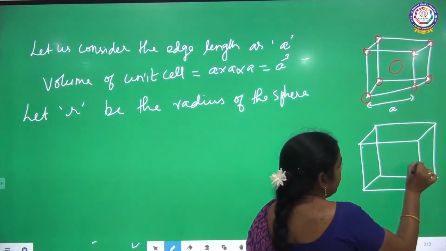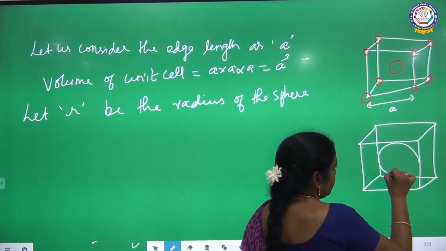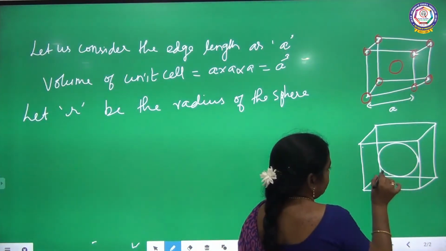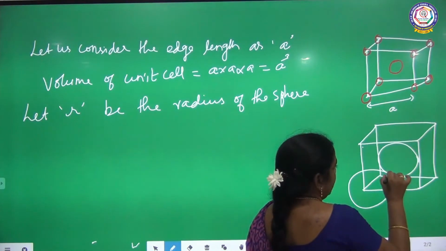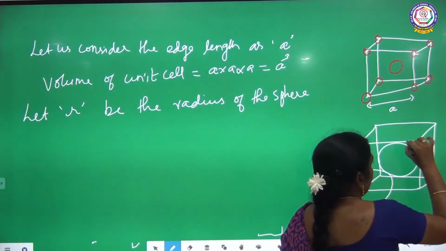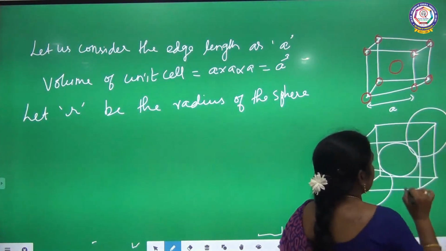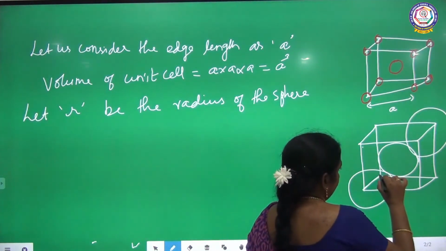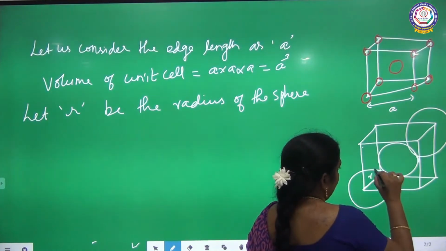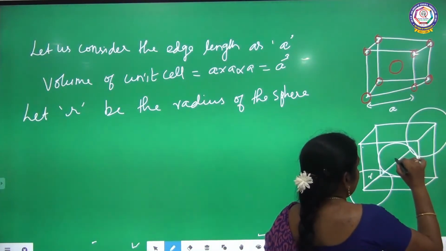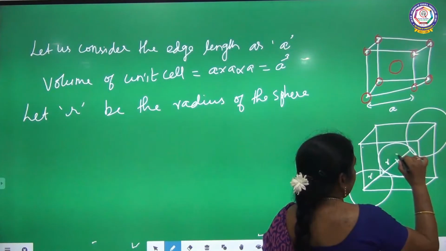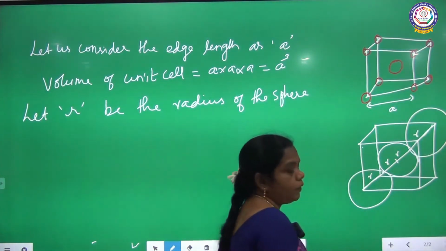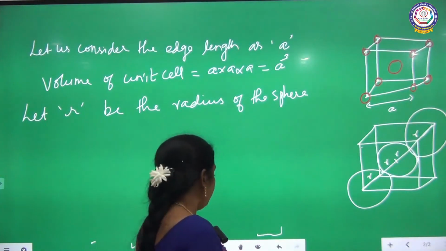So one atom is at the body center and another one at the corner. So the radius of this sphere is r, and to this center r, and the next sphere radius is r.